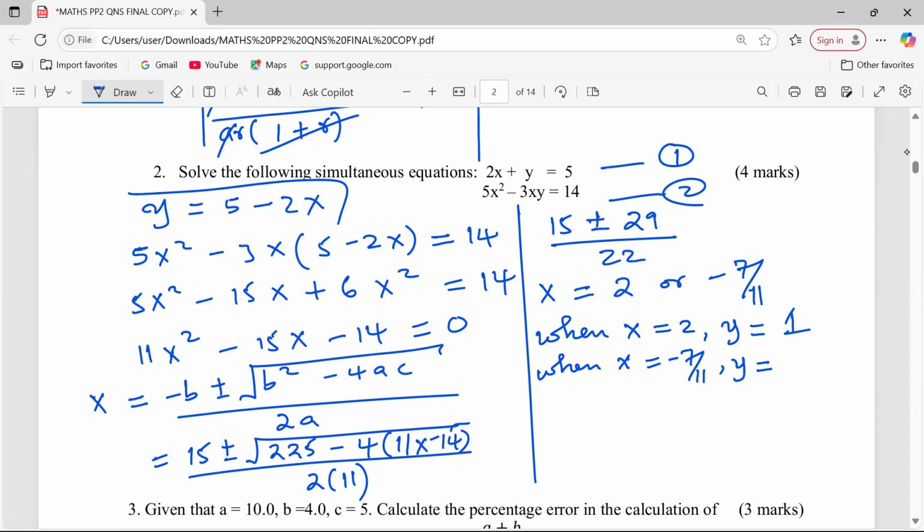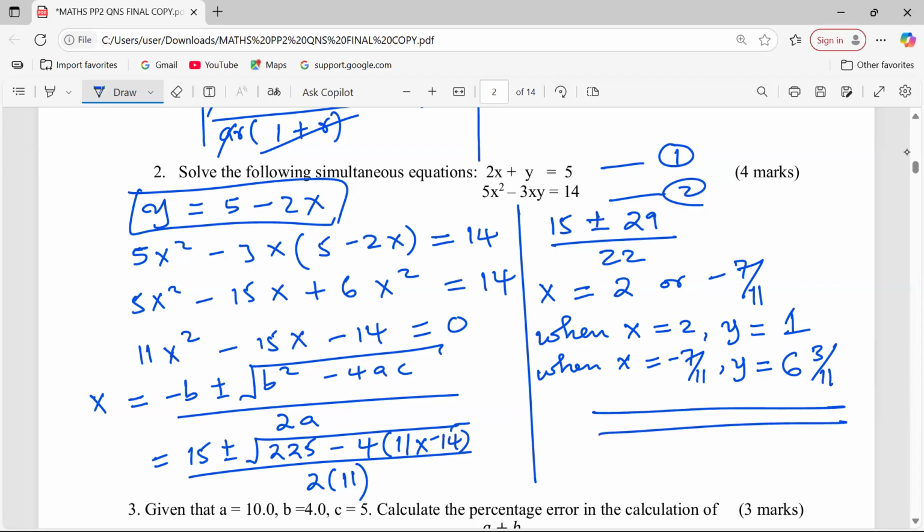So we substitute again here for us to get y. 5 minus 2 into negative 7 over 11. And this is going to be 6 and 3 over 11. So we have all the values of x with the corresponding values of y.